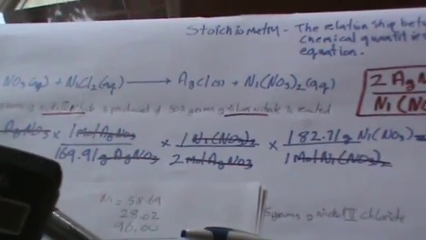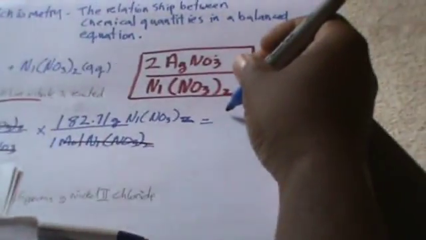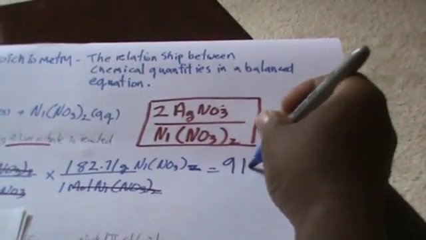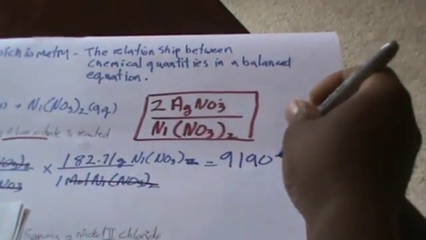So we're going to say 503 multiplied by 182.71 is equal to, and we'll deal with the significant figures after we figure out the answer. 91903.13, and that's going to be grams.